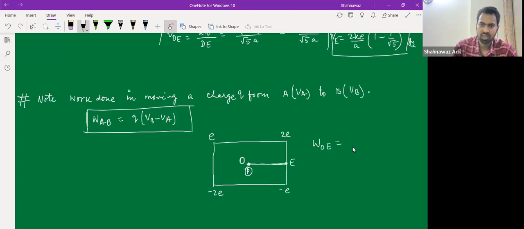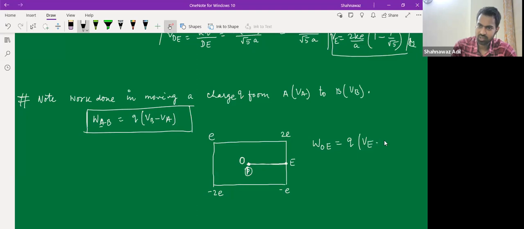So what would that be? Hasib, you tell me. What would be the work done in moving this proton from O to E? So Q times, yes, absolutely right, it will be VO minus VE.